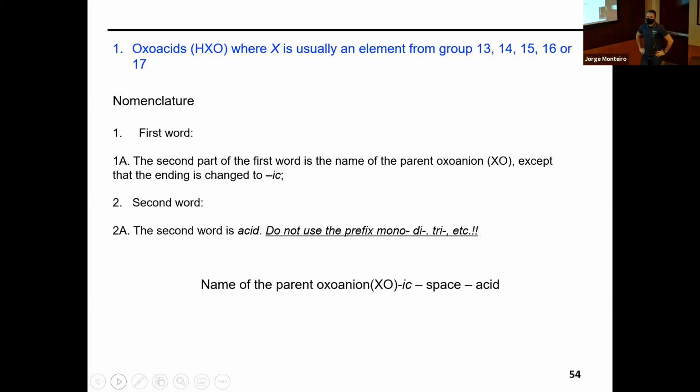And then the second word is acid. Therefore, we are going to use first the name of the parent oxoanion, XO. The ending is going to be changed to IC, space acid.